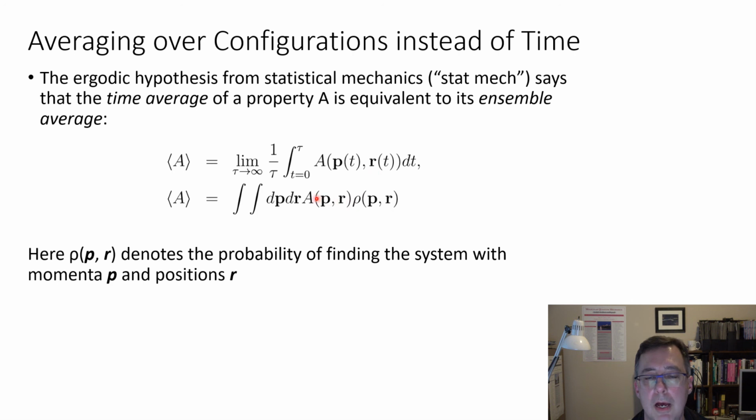Here I multiply each of the integrands A of P and R by the probability that I get that P and R. So this is now an average over P's and R's, but some P's and R's are less probable than others, and so I have to multiply by the probability that I'm at that particular point in phase space. If I do that, in principle I get the same average.